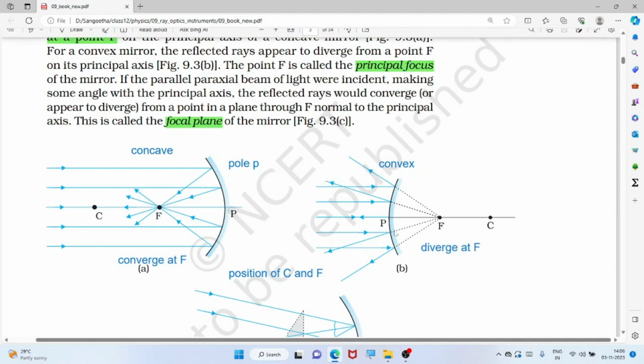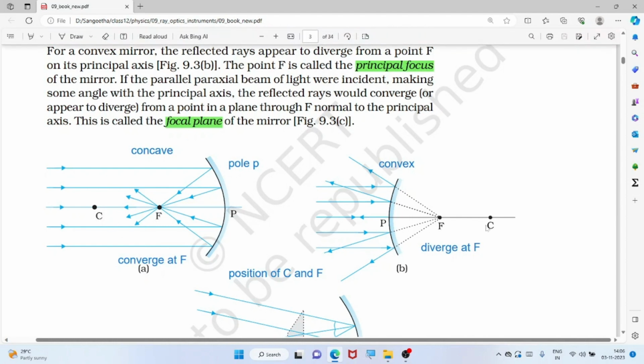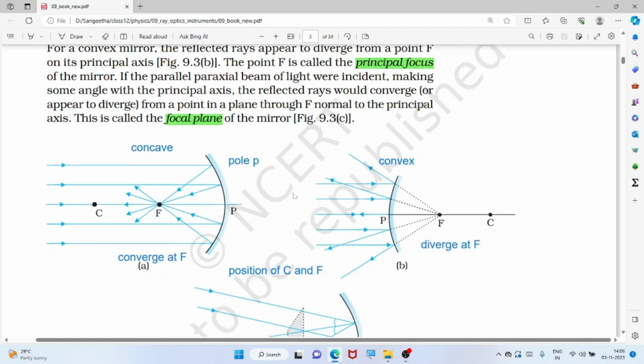These points C and F are on the other side for the convex mirror, so the rays diverge at F.